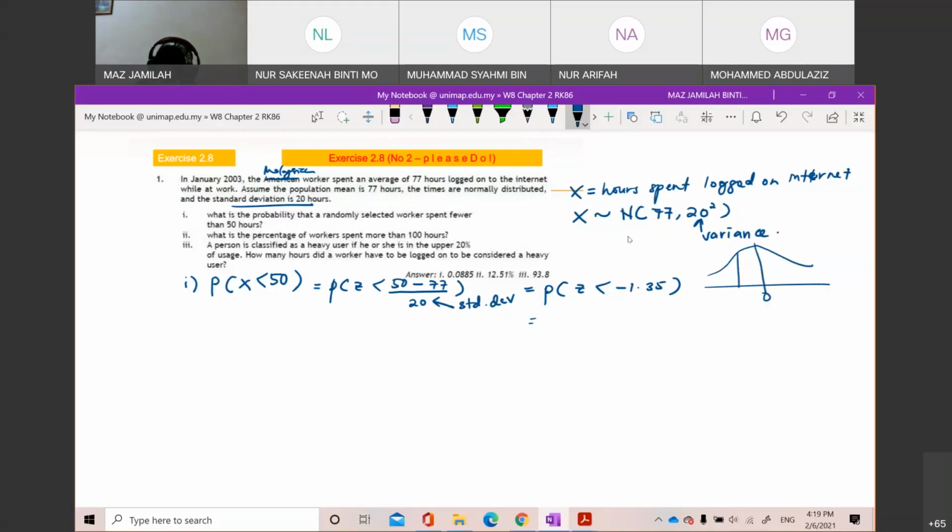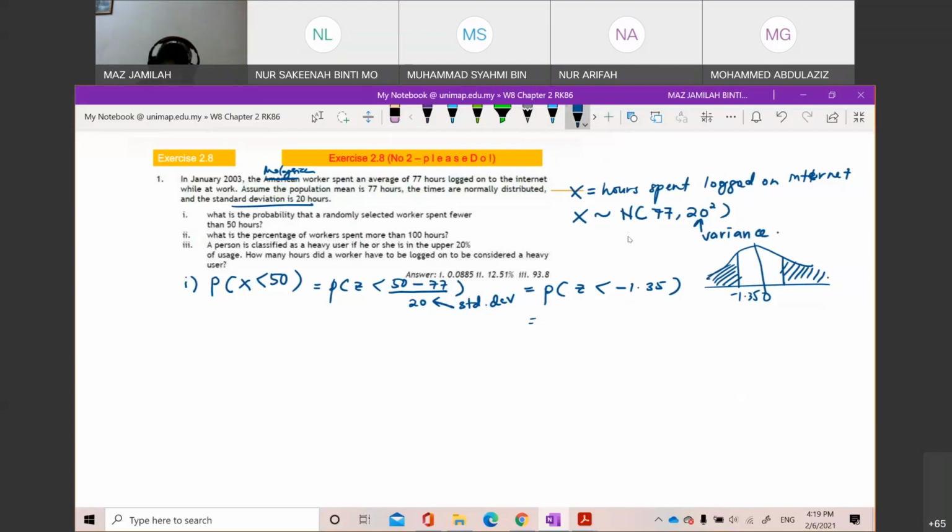If you refer to your sketch, 0, negative 1.35, I'm really sorry for my very bad sketch. Less than negative 1.35, so all you can say is this area.